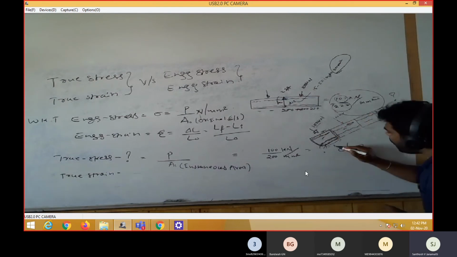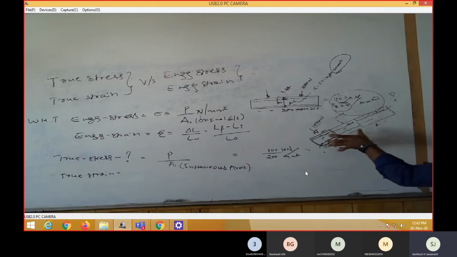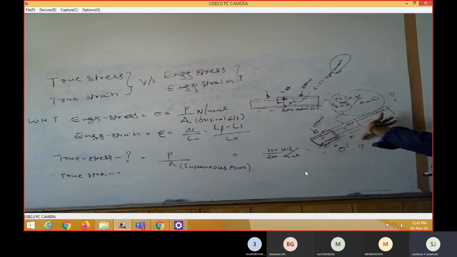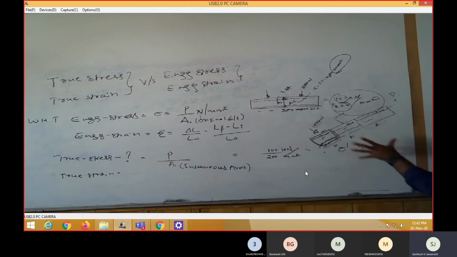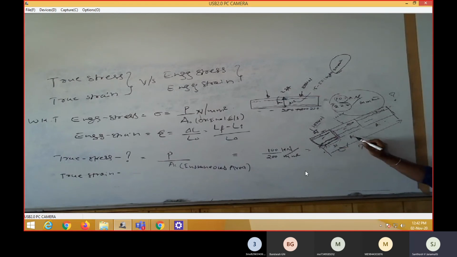This is the sum of all instantaneous areas. Now I know the thorough behavior of the entire cross section, not only this end. Now I get the information from this end to this end, how it behaves, because I am applying n number of loads. That is instantaneous load 1, instantaneous load 2, instantaneous load 3.